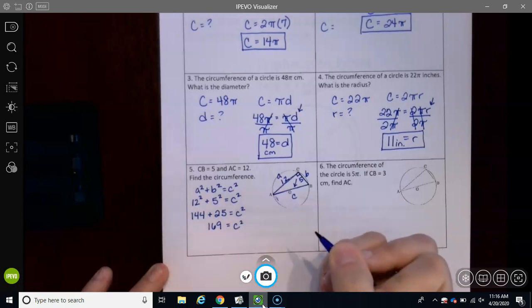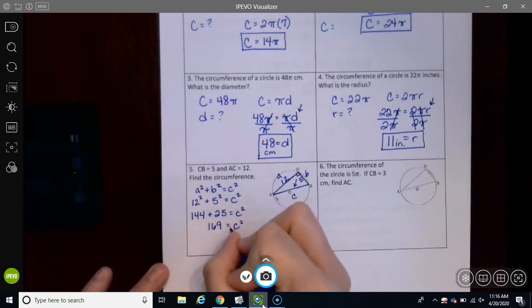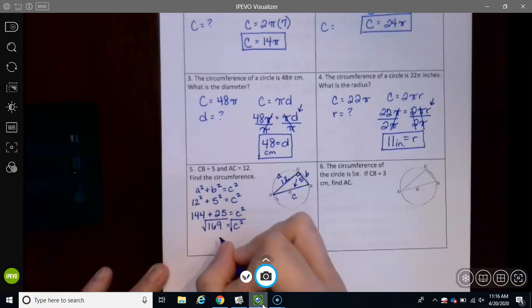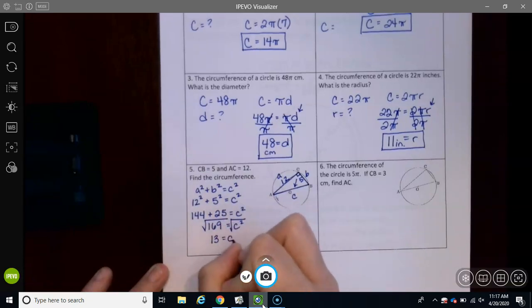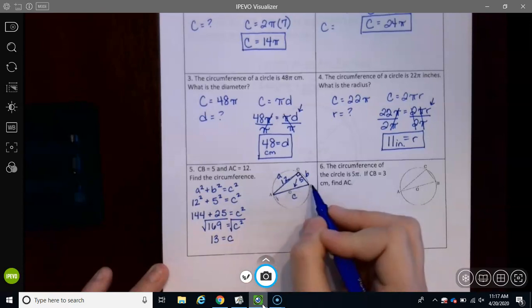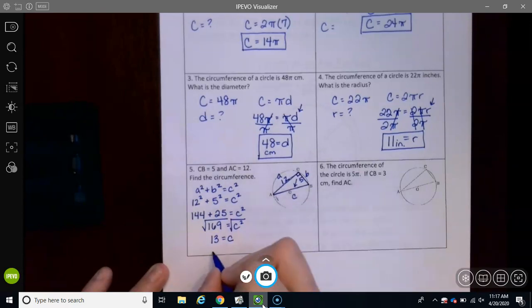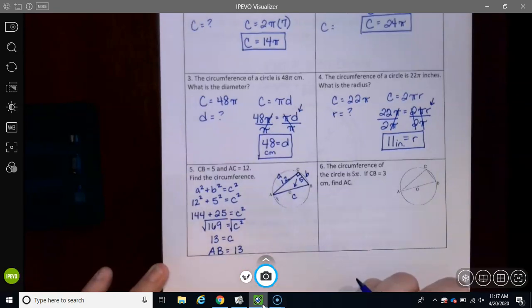And then to get C, we take the square root of both sides. And the square root of 169 is 13. So that C side is 13, and that's that diameter side, AB. So the distance from A to B is 13. And now we need to use that diameter, so that's also the diameter of the circle, to find the circumference.